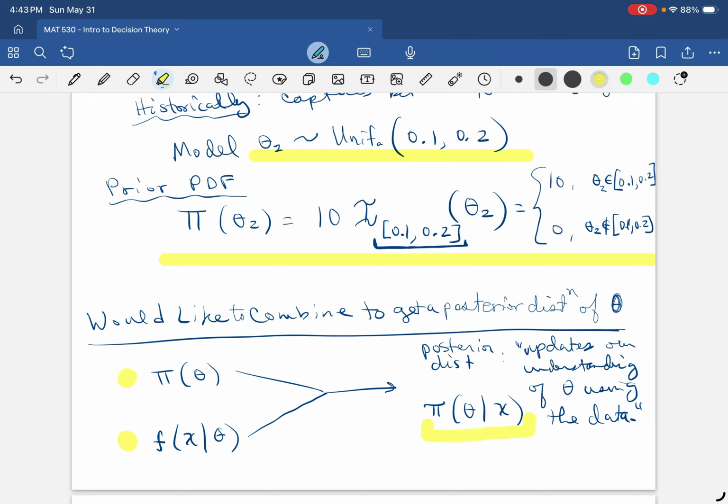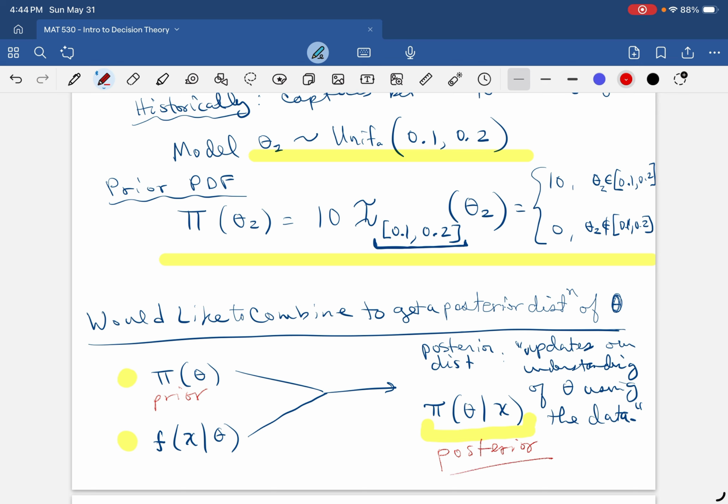And so now hopefully it's clear why we use the word prior, because once we have that, and we combine it together with the data, we have what's called the posterior distribution of theta.